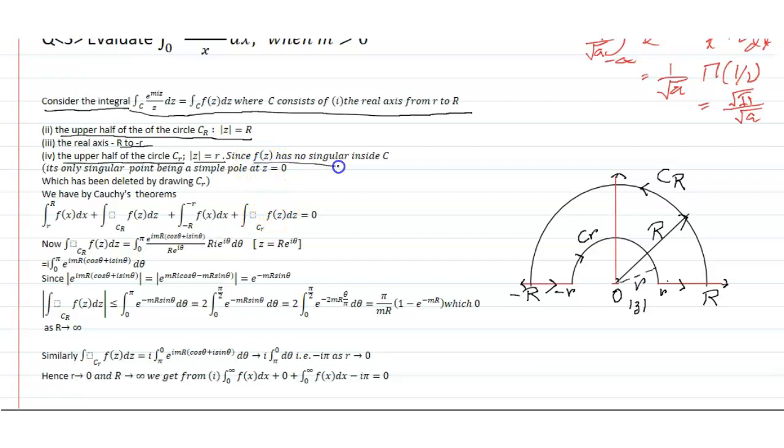And f(z) has no singularity inside C, which has been deleted by drawing C_r.